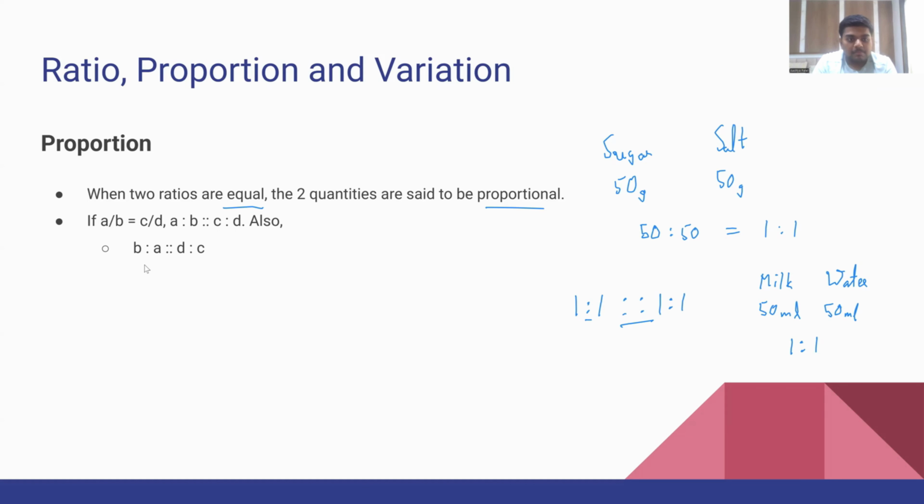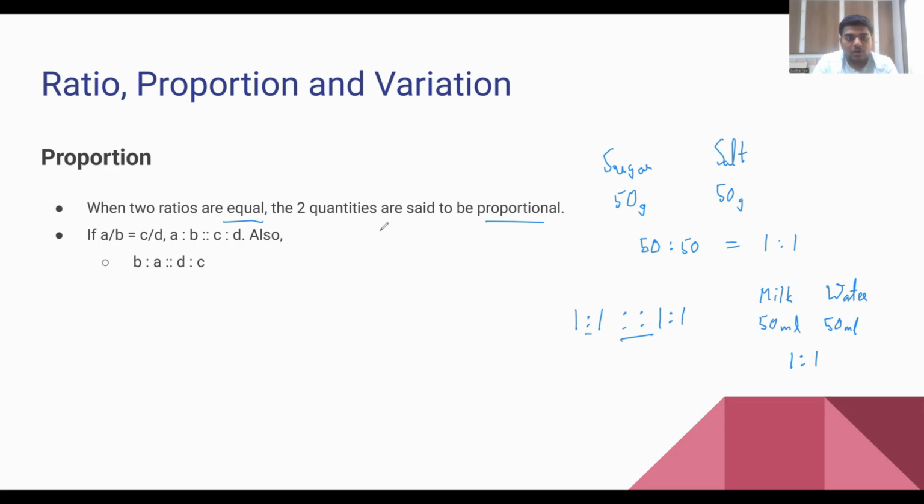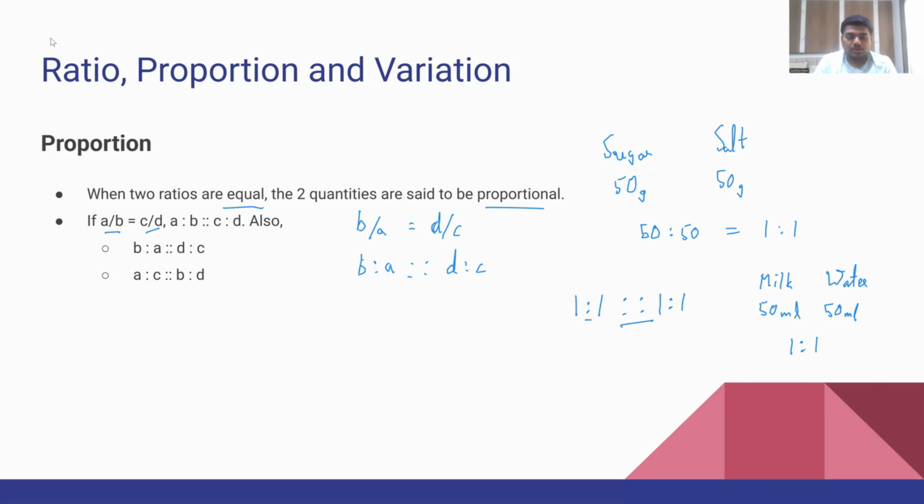For example, B is to A is as D is to C. Because if we reciprocate both the terms, then we will get B by A is equal to D by C. And this will result in B is to A is as D is to C. Then, A is to C is as B is to D. So you do the cross multiplication and you get this result.